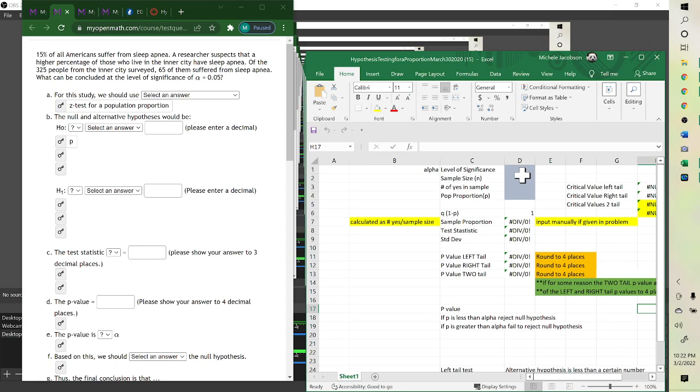Okay, so the level of significance is 0.05. Sample size 325. The number that said yes was 65. And the population proportion was the 15%.